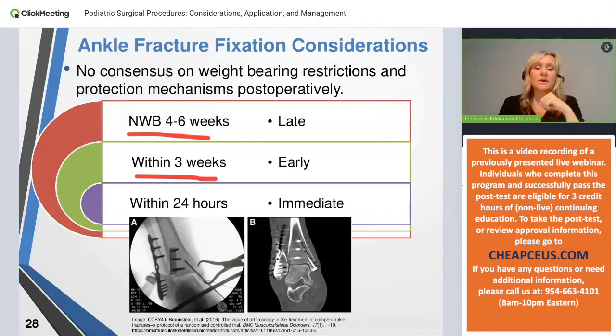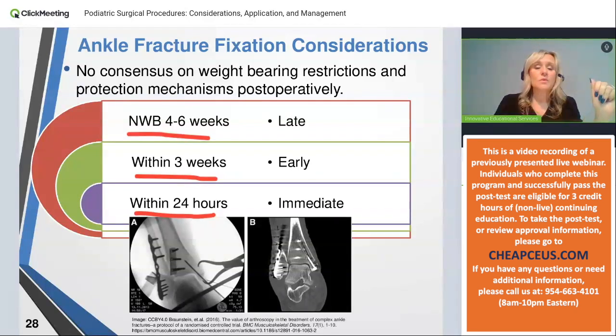So earlier weight bearing would mean they're moving and actually putting weight through that extremity in a controlled manner within the first 3 weeks. And we're actually saying, because of the advent of technology like the nitinol that we discussed, that within 24 hours, we're doing immediate weight bearing for some patients, whether it's some type of partial or some of them are going right to weight bearing as tolerated as we see more ambulatory procedures or these different types of release procedures.